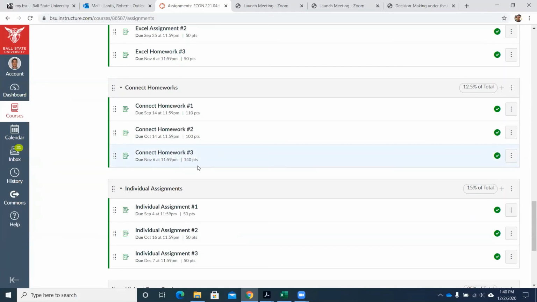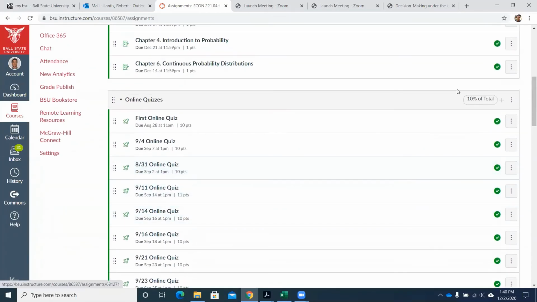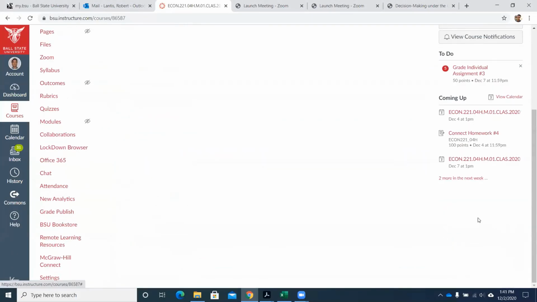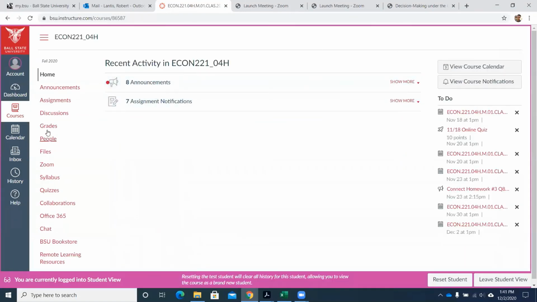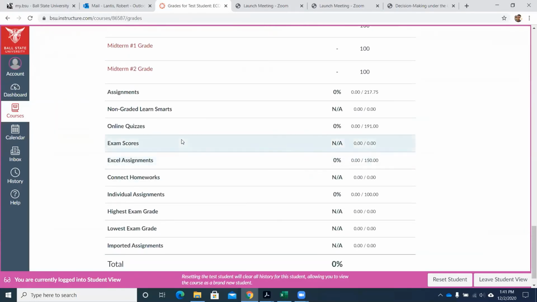Any other questions? These are good questions. So what should we put as our iClicker grade? Oh, it should be here. I have to go to student view so I don't show everyone's grades. Okay, so when you go to grades, just scroll down here.